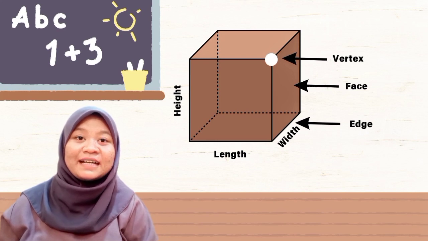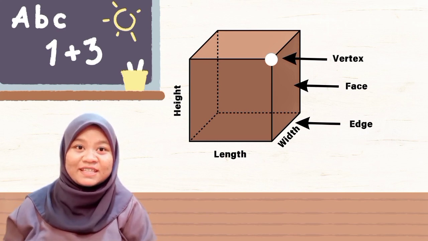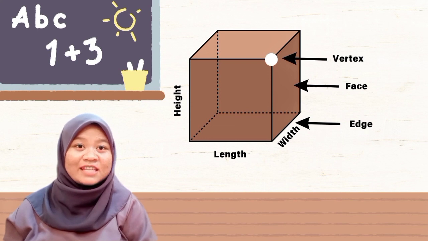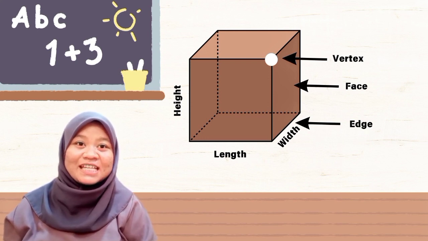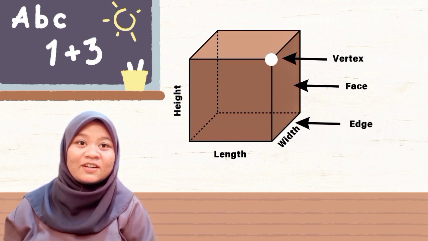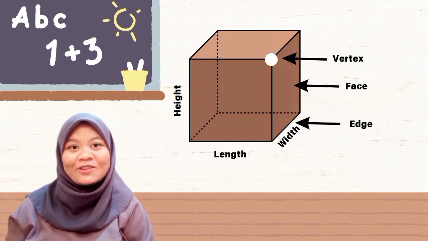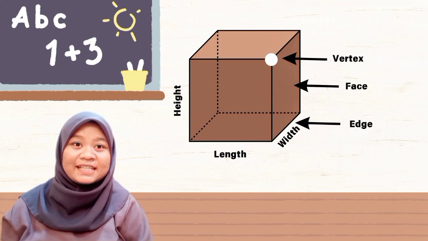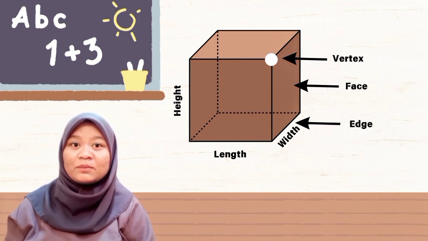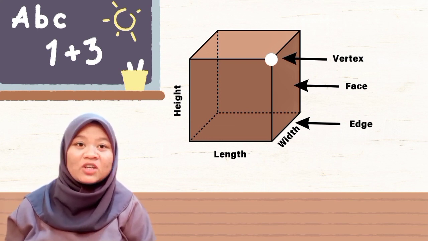Elements of solid shape are a result of these three dimensions. This object has faces, edges, and vertices. First, it is face. A face is a single flat surface of a solid shape, and there can be more than one face of a shape. Second, it is vertex. A vertex is a point where two or more lines meet, forming a corner.